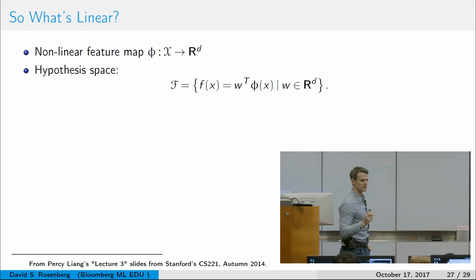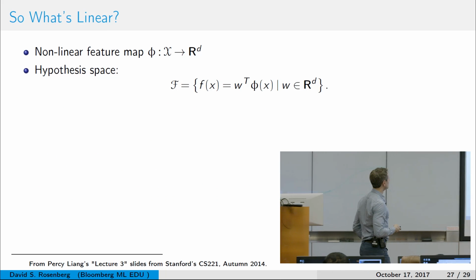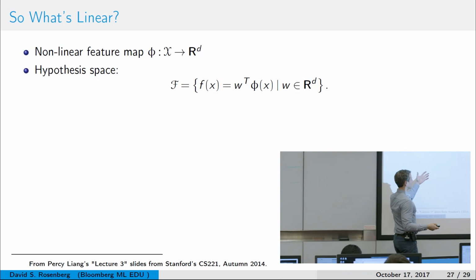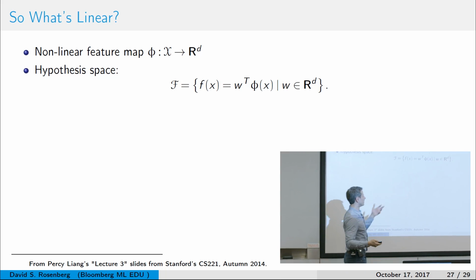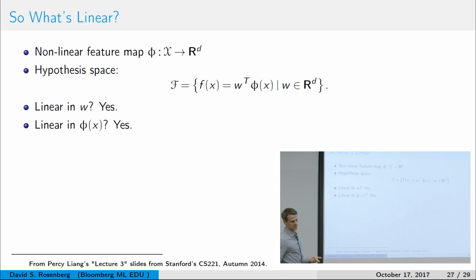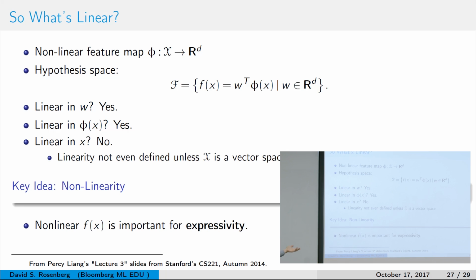All right, so from the question earlier, so what's linear? This is our hypothesis space, our linear hypothesis space. And so is it linear in w, in the parameters? Yes. Is it linear in the feature vector? Yes. Is it linear in the original input space? No, it doesn't even make sense, really, because x is not a vector.